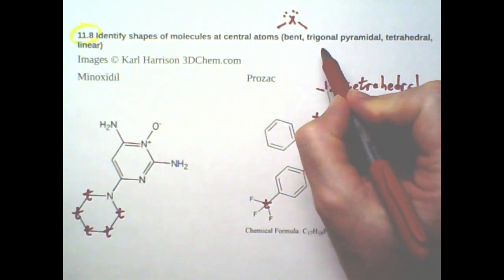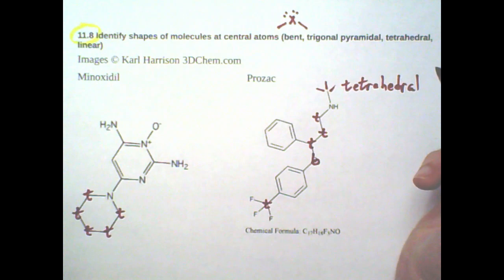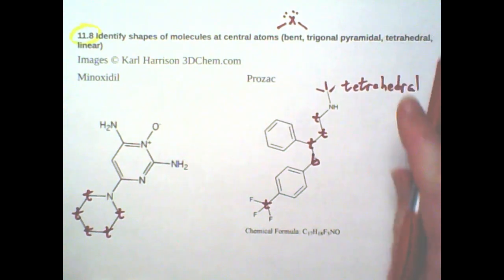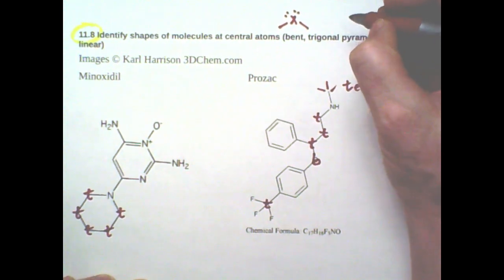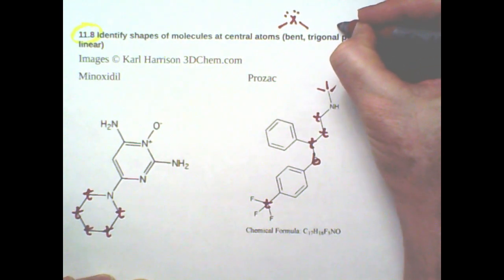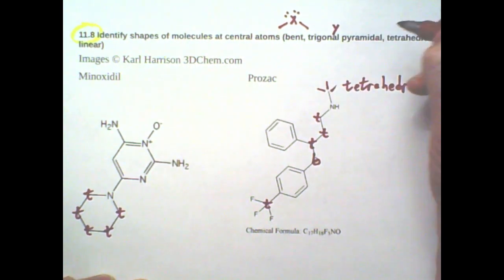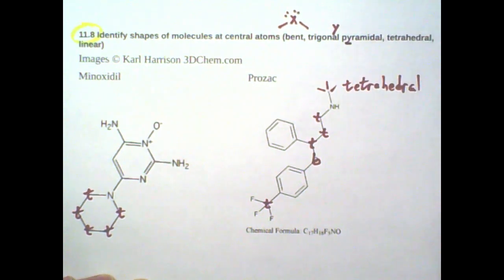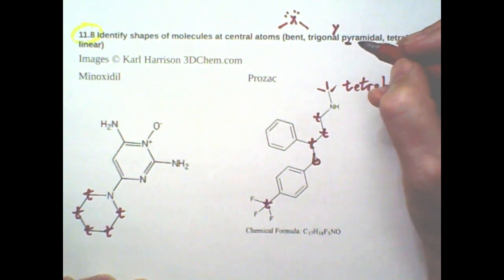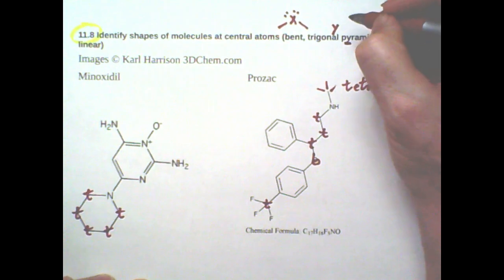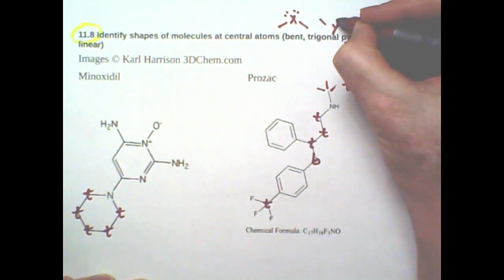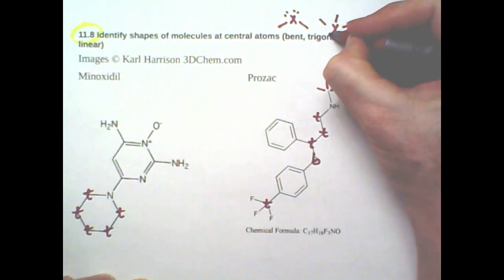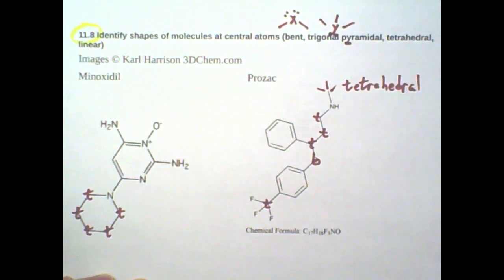We've got trigonal pyramidal. I'm going to use Y for that, for pyramidal. We're going to see that when we've got 3 things attached and a lone pair.